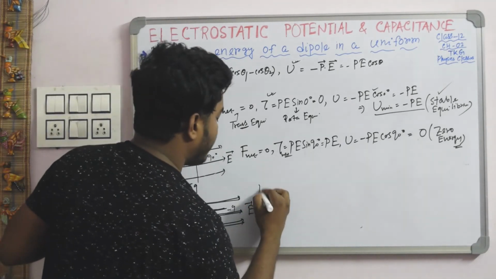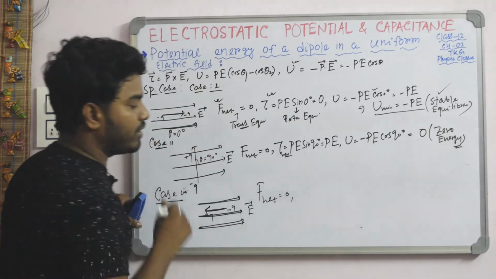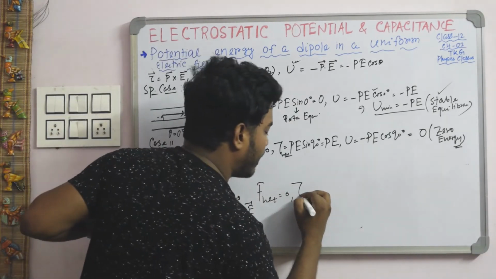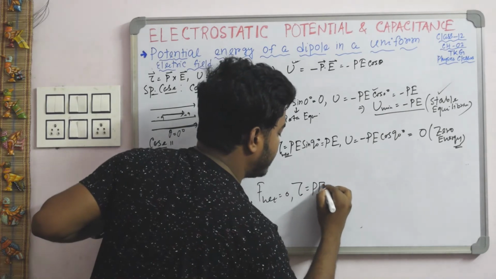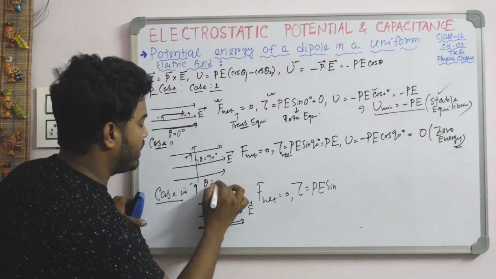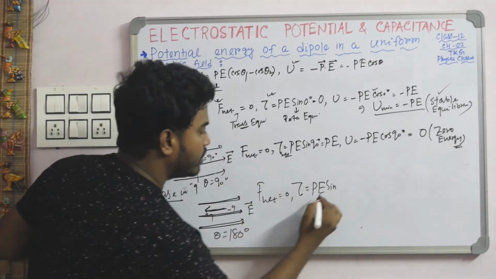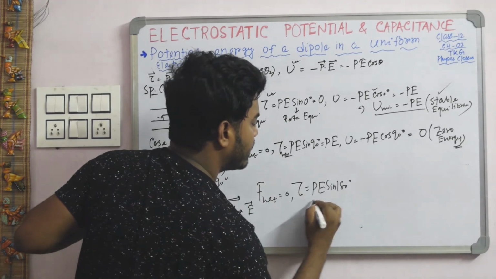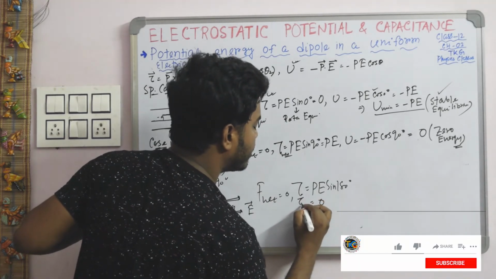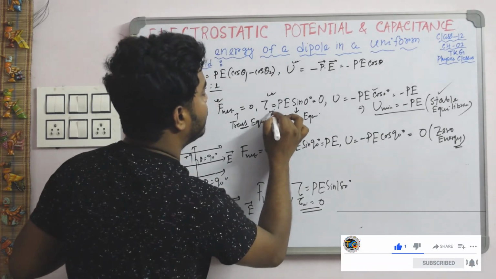F net for every case is 0. Torque tau is PE sin theta, here theta is equal to 180, so sin 180 is also 0. This is also the expression of minimum torque.